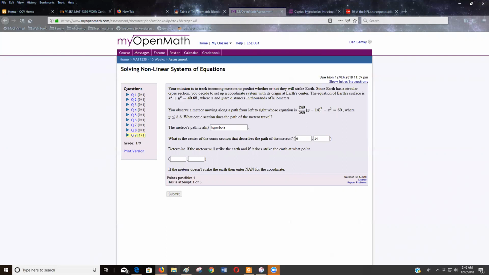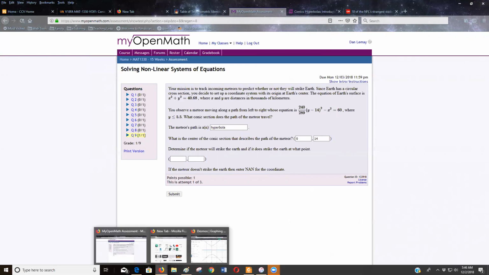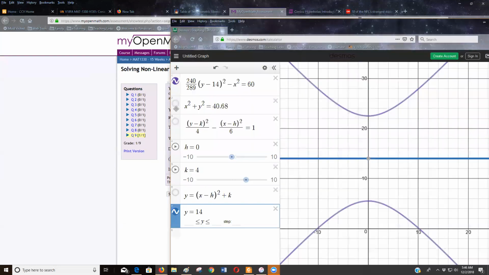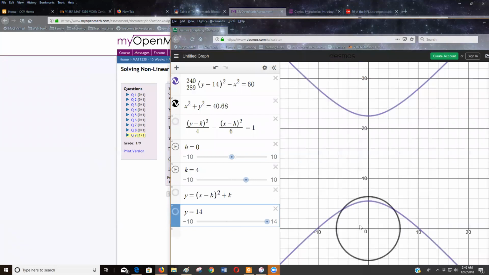So I'm going to go back to my Desmos graph, and I already put that equation of the Earth in there. And I see it does impact the Earth right there. So that's going to be the solution to get this MyOpenMath question correct.